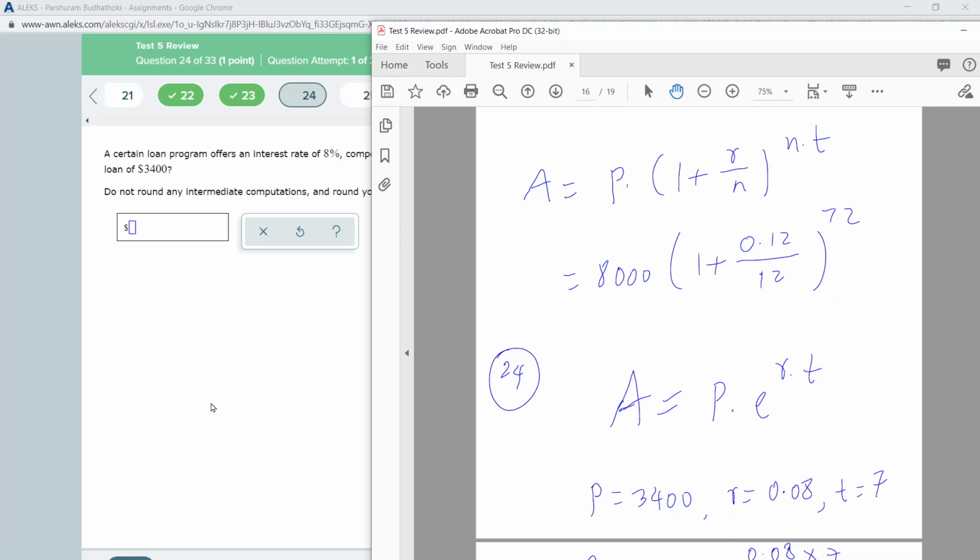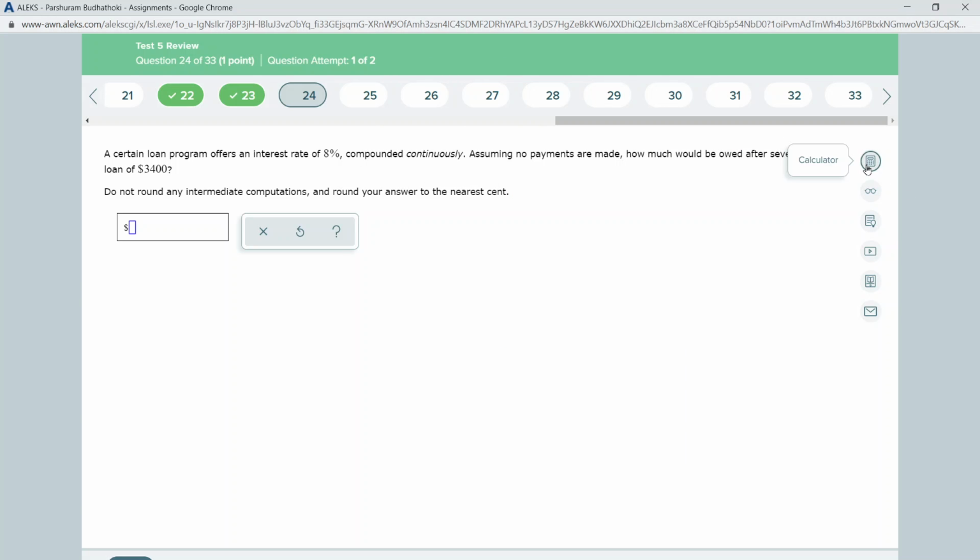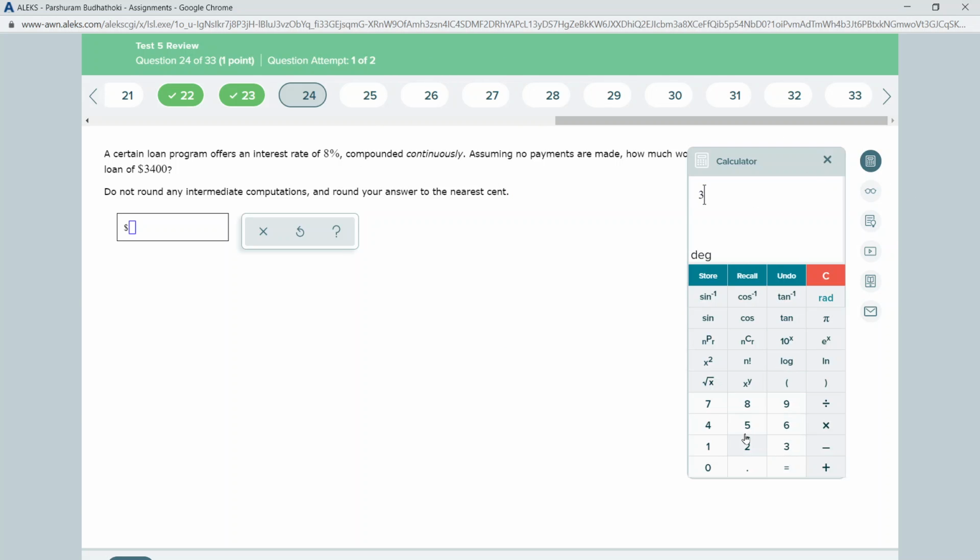I'm going to use the calculator here. 3,400 times e to the power 0.08 times 7, equal, 5,952.29. You have to round it to the nearest cent here. So 5,952.29.